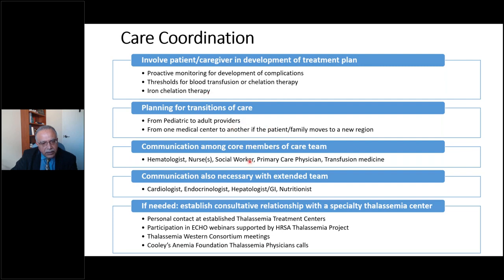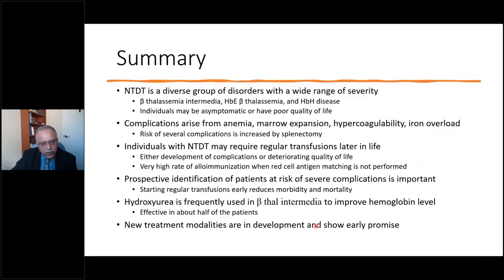Transition of care is critical, as is the communication between the members of the core team and those with the extended team that includes several specialists. And if needed, there are many resources available to centers that see only a few patients with non-transfusion dependent thalassemia.